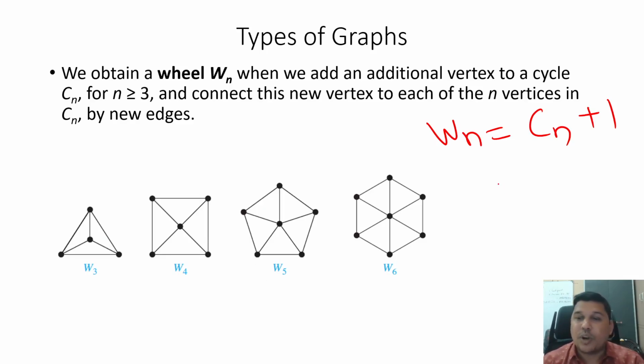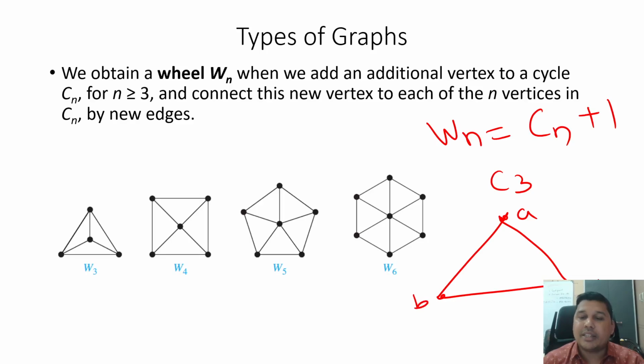See this, what was our cycle C3? This was our cycle graph, right? A, B, C are the 3 vertices. In between, put one more vertex D and connect it to all the other 3 vertices. This forms our wheel graph.